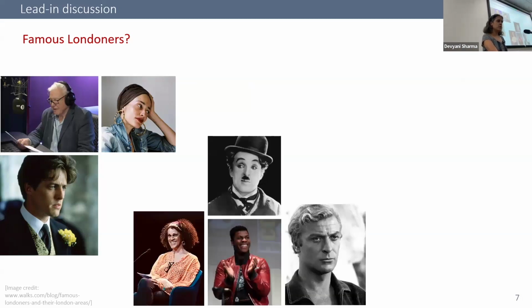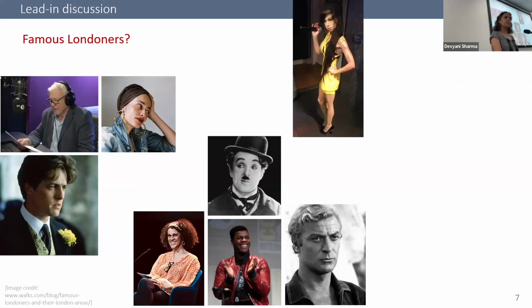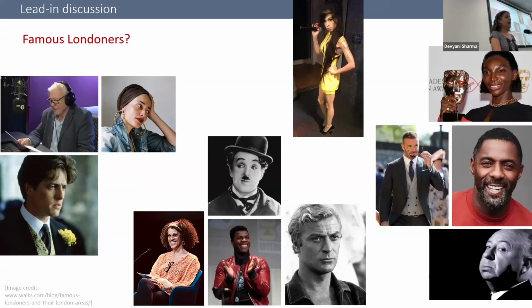South: Michael Caine, I always think of him as an East Londoner, but apparently he grew up around Southwark. John Boyega, Charlie Chaplin, Bernardine Evaristo, Amy, and then East, an interesting group, so both Alfred Hitchcock and David Beckham are from Leytonstone.